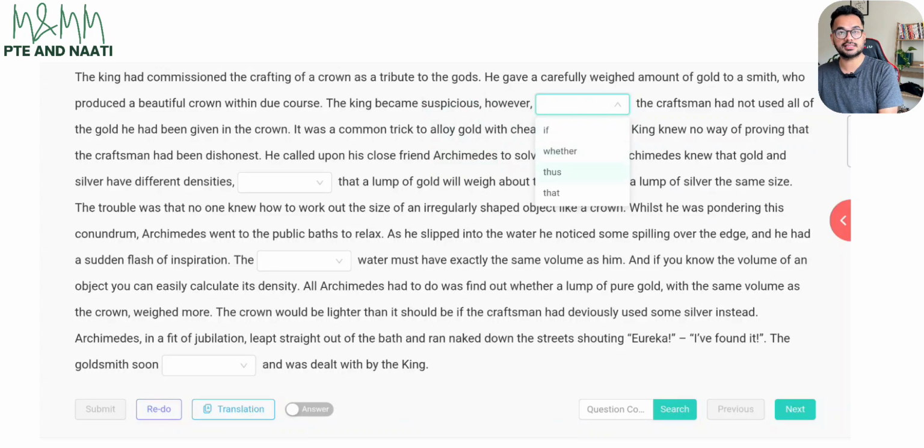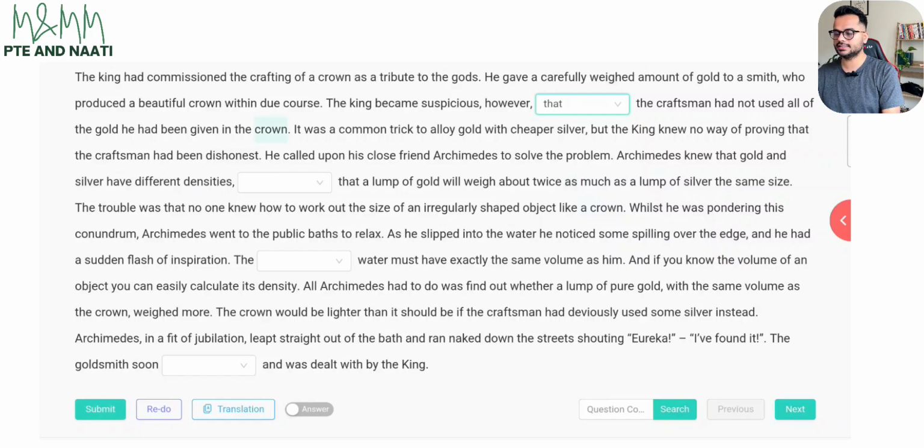Became suspicious, thus, is grammatically wrong. Became suspicious, that. That sounds more logical as compared to whether. King became suspicious whether the craftsman had not used all of the gold or yes. Again, whether and if are similar kinds of linking words. We need something which is a surety. So we have to choose the word that sounds a bit more logical here.